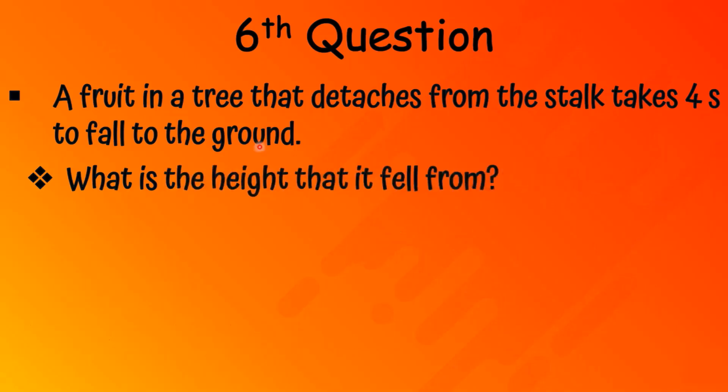A fruit in a tree that detaches. This question, what is the height that it fell from? So we need to calculate the height. It's like a triangle, so half into base into height. We calculated the velocity as 39.2, but if we round off 9.8 meters per second to 10, we get the answer as 10.